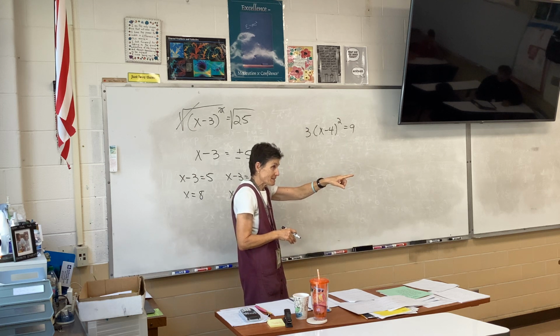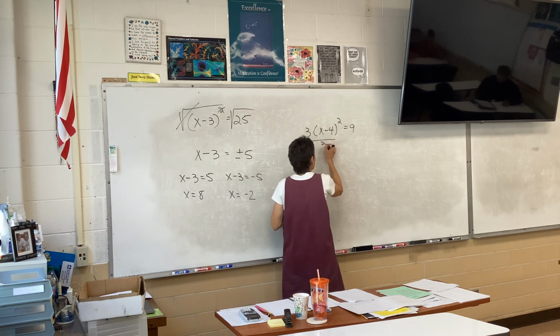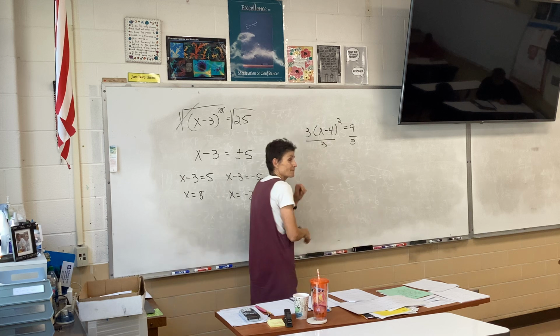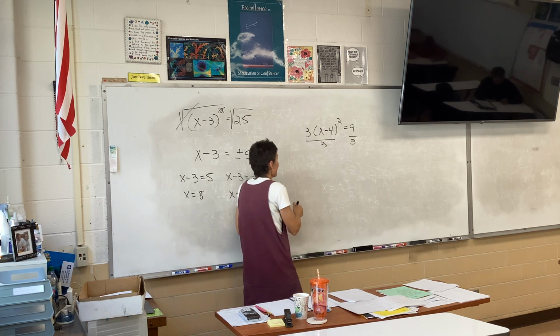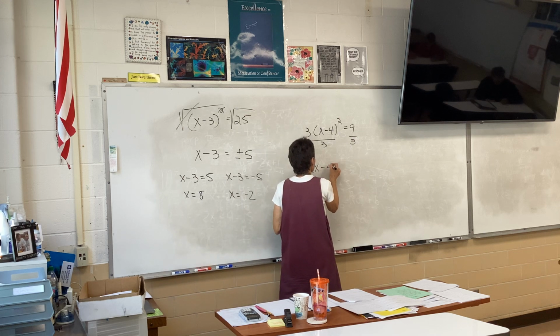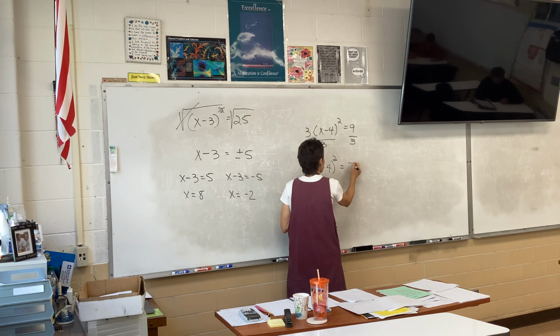Getting rid of that 3 is key. How about if we divide both sides? Can we do that? I really don't like that 3 there because it's not a perfect square. So we'll just divide it out. So now we have x minus 4 squared equals 3.